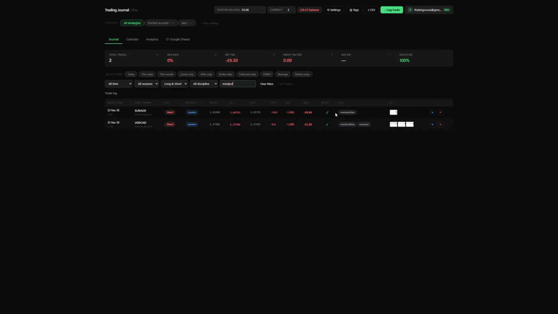Okay, so these are trades I take when I feel there's manipulation in the market. I lose money. Well, with this sample size, I've lost money. So the total we lost is £9.30. Let's say the account started at £35. We lost £10, right? That would mean that we lost a lot, basically.